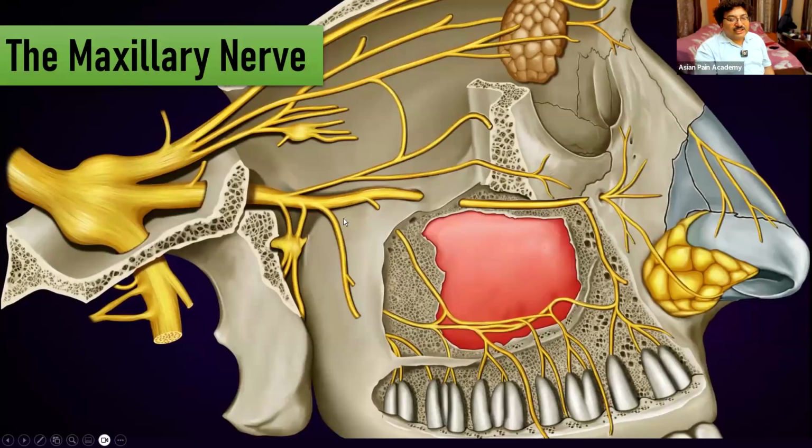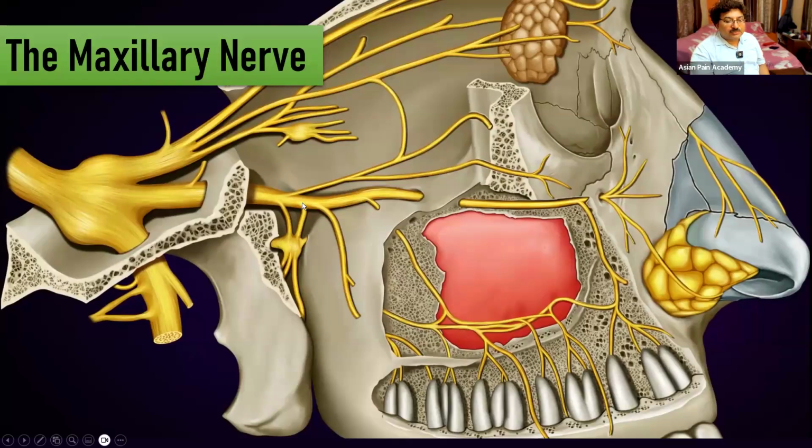Now, if you look a little bit more at this maxillary division, there are small rootlets, and from these small rootlets hangs another ganglion that is known as the sphenopalatine ganglion. So while you are blocking the sphenopalatine ganglion, just above it remains the maxillary division.